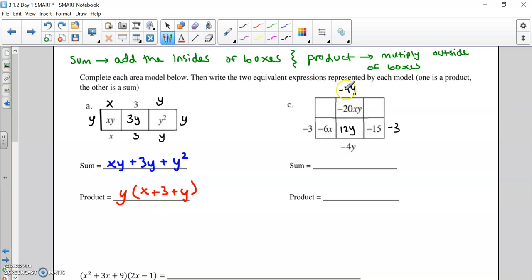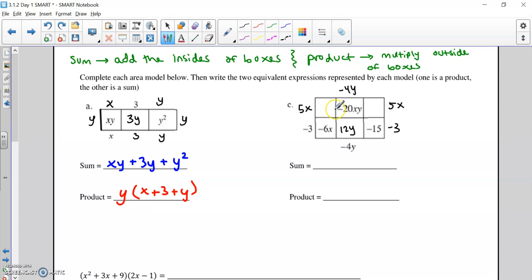So, what can we multiply -4y by to get -20xy? Well, we know we need a 5 because 5 times -4 is -20, and we also need an x, okay, because we have an xy. So we know 5x is going to go here. And so now we know that if this is going to be 5x, this is going to be 5x.